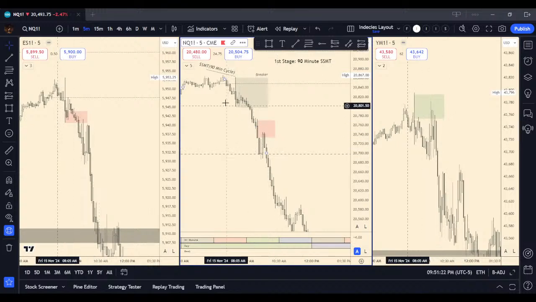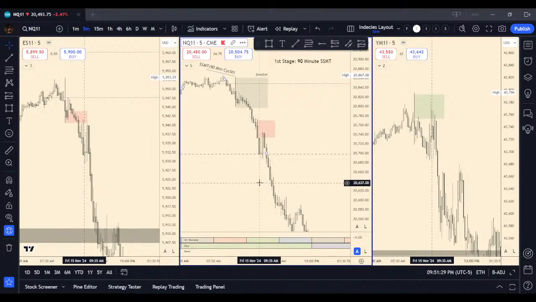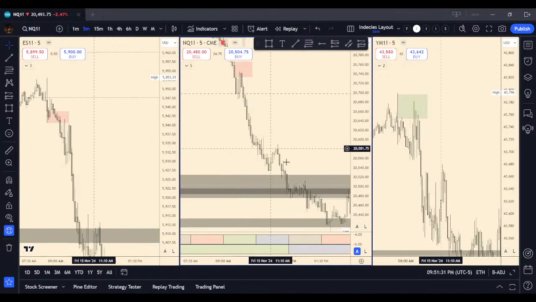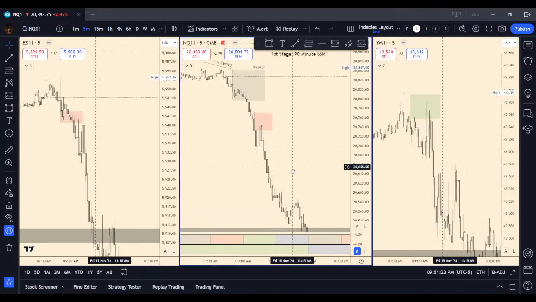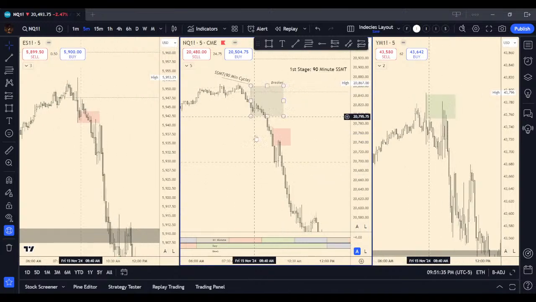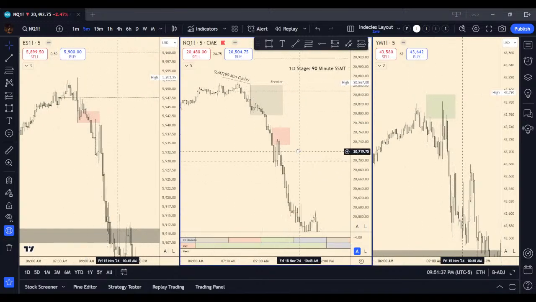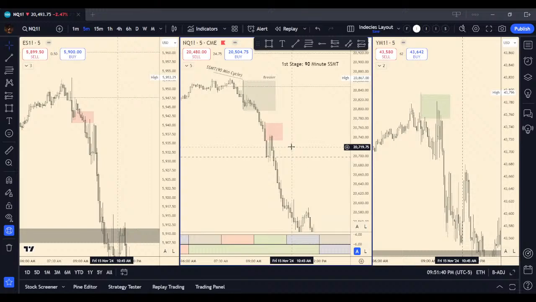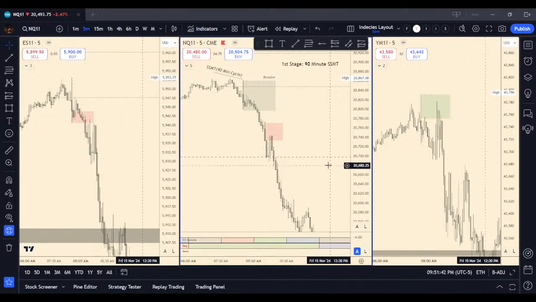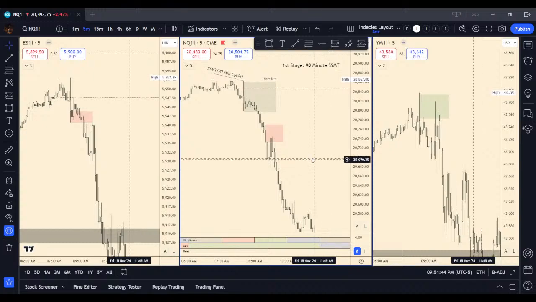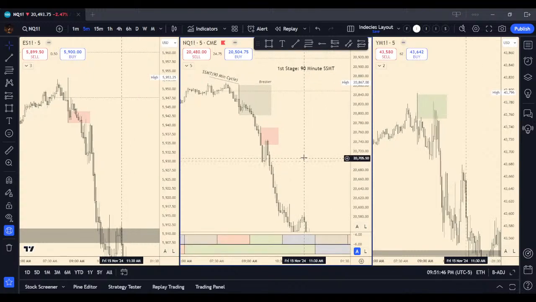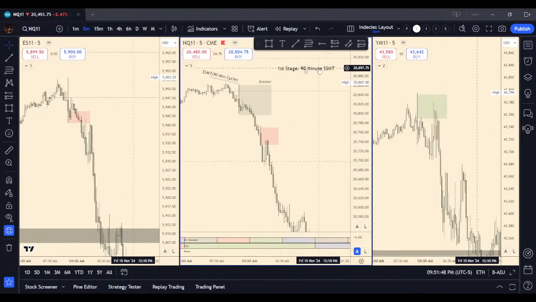If you want something that works consistently every day, you can't have all of the confluence that this had, because you don't have moves like this often. So what you do is you take the important parts and trim them down to what matters, that you will see consistently, even with choppy or not so good moves. But for sure, the staple is a 90-minute sequential SMT that was present here.